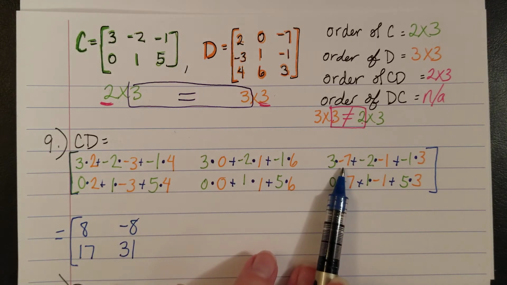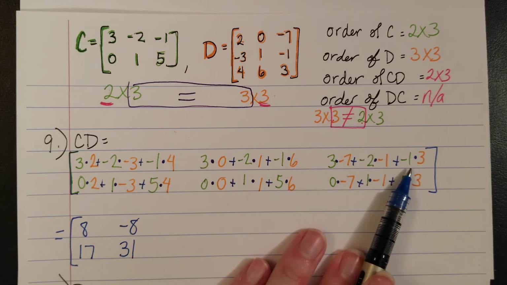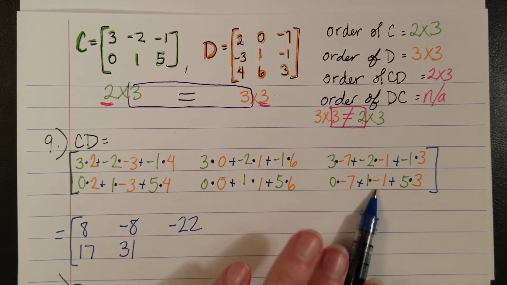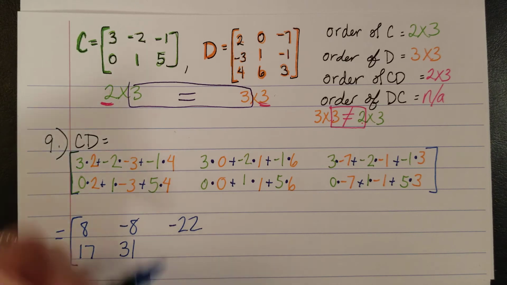Negative 21 plus 2 minus 3, so negative 22. 0 minus 1 plus 15, so 14.